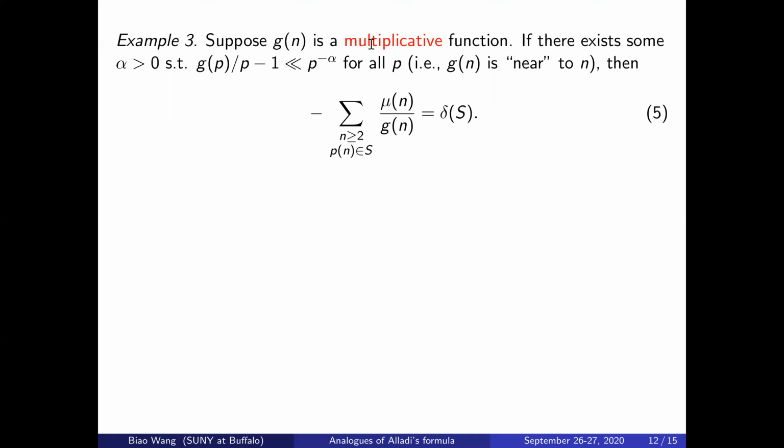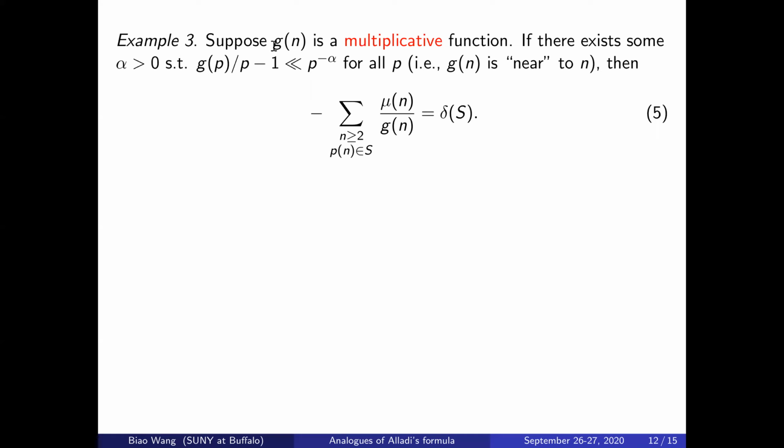And thirdly, we can replace the denominator n in Alladi's formula by multiplicative functions that are near to n.